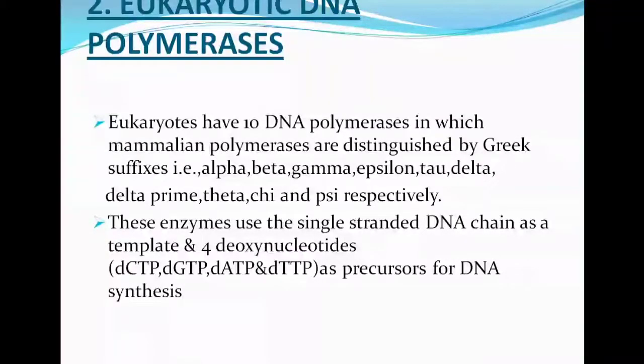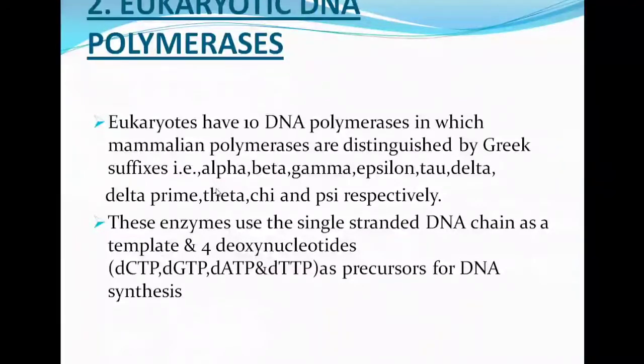And the second type of DNA polymerases are eukaryotic DNA polymerases. As I told you, based on the origin of cells, there are two types of DNA polymerases. The first one is the prokaryotic DNA polymerases. The second one is the eukaryotic DNA polymerases.